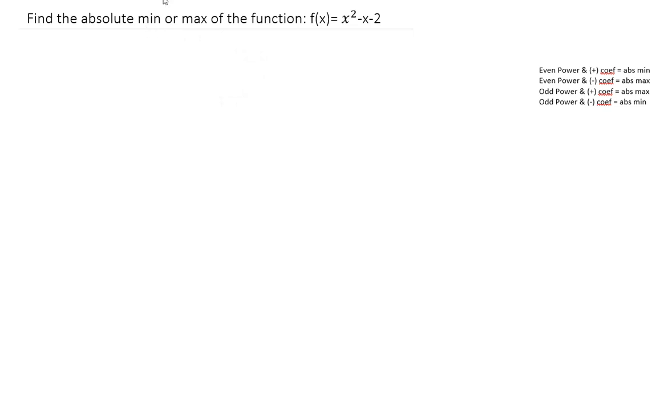So you can only have one. There's a way to figure this out by only looking at the lead coefficient of your most powerful term. So in this case, it's x squared. And there's a rule over here. If you don't remember anything from this, the most important thing to keep in mind is this highlighted area.